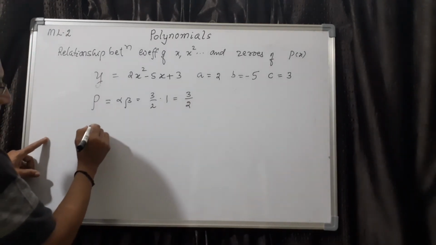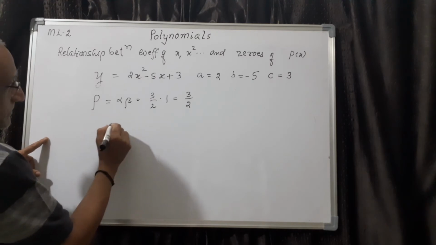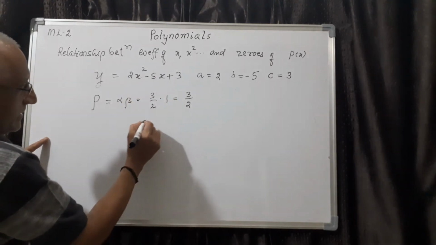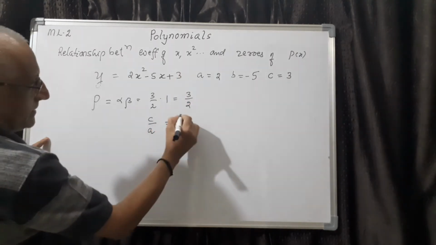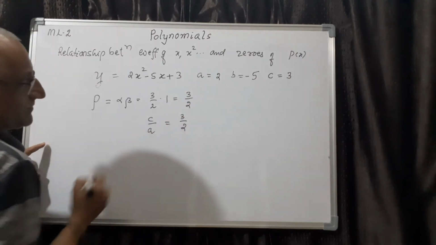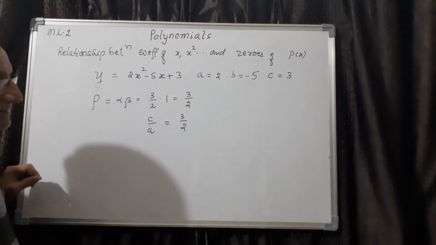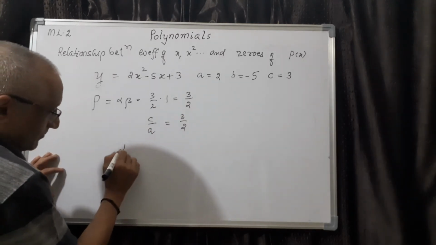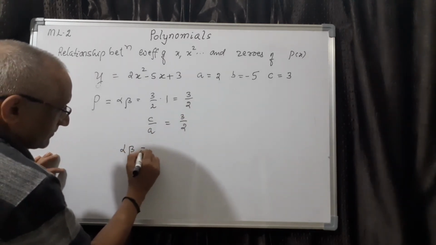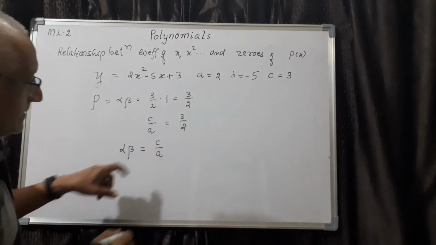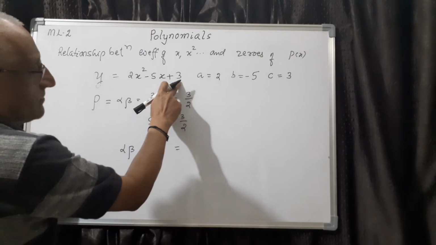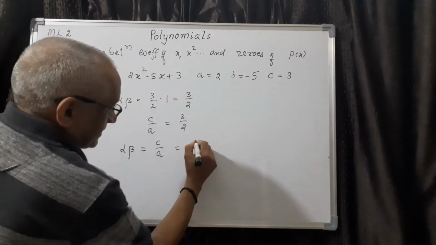Now you see here, if you take c by a, this is 3 divided by 2. So these two are equal. Therefore another relation is product of the zeros will be equal to c by a, where c is the coefficient of, actually the constant, this is the constant.